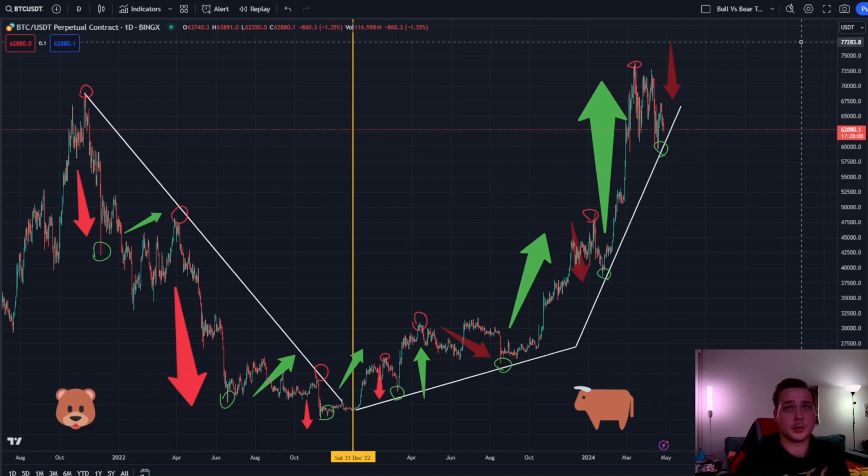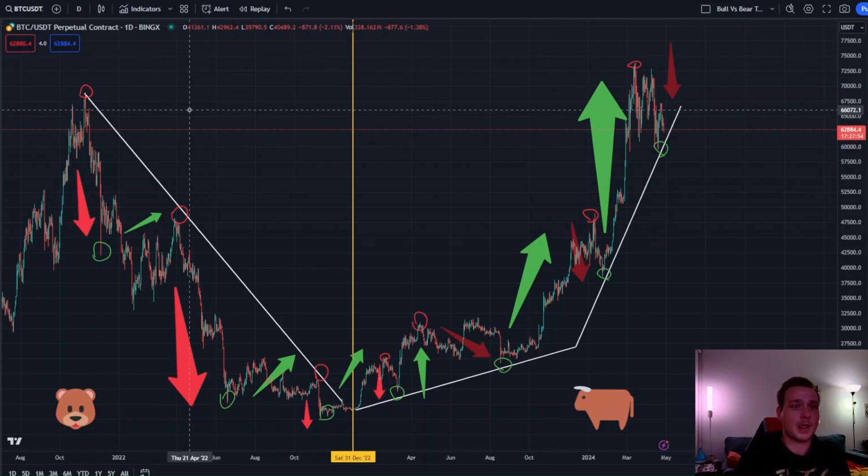We'll go into the trend line analysis here, and I have a chart that's going to illustrate exactly what you're going to look for. We'll start with the bear market here. So in a bear market, when prices are falling, the trend line is drawn by connecting the highs of consecutive downward price movements.